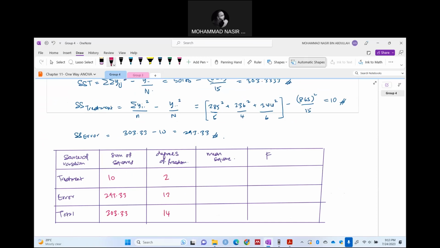This is 12, or N minus K. So 10 divided by 2 equal to 5. 293.33 divided by 12 should be equal to 24.44. So this one should be 0.2045.